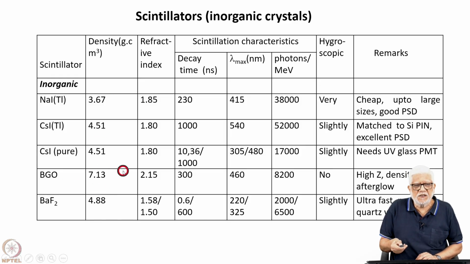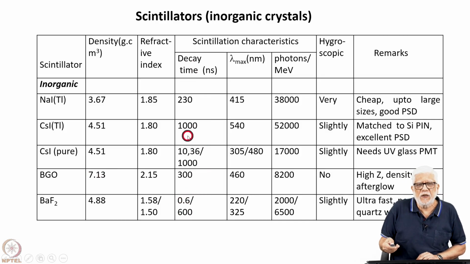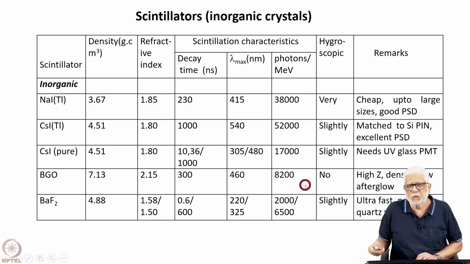Bismuth germanate has the highest density of about 7. Decay times vary: for instance, barium fluoride has a fast component with 0.6 nanosecond decay time, and then there are very slow ones like cesium iodide, which has a decay time constant of 1000 nanoseconds. And then, of course, the number of photons per MeV is given here.